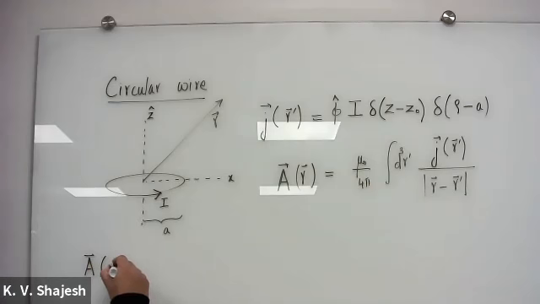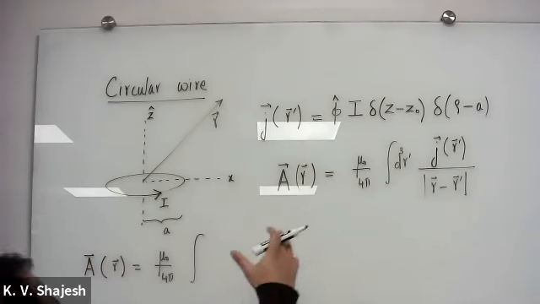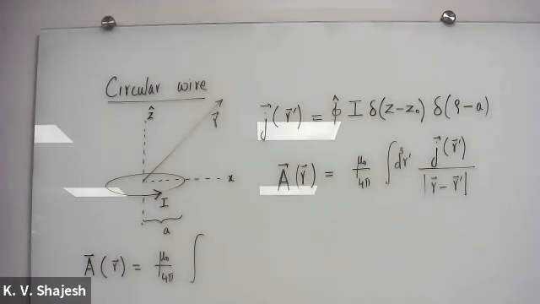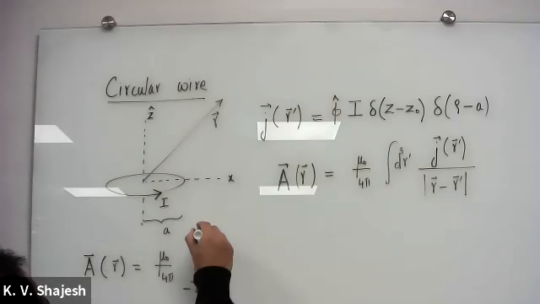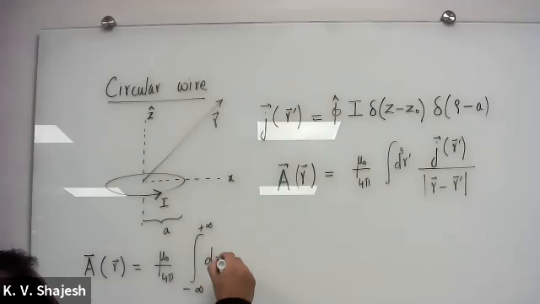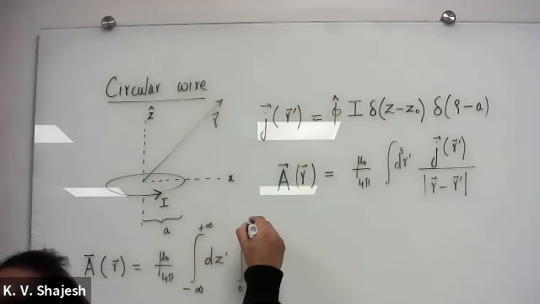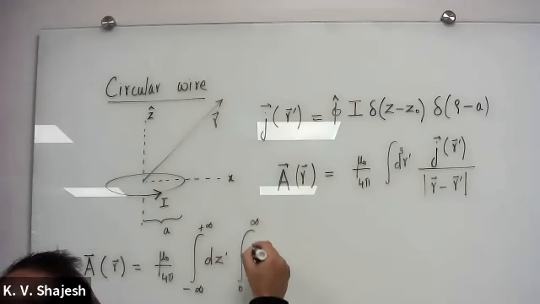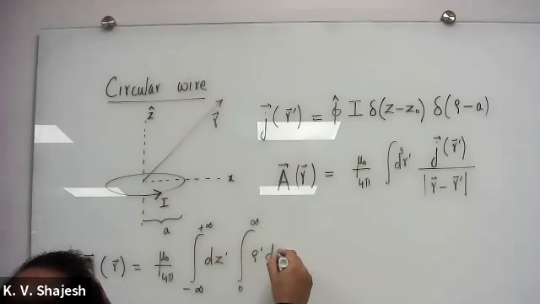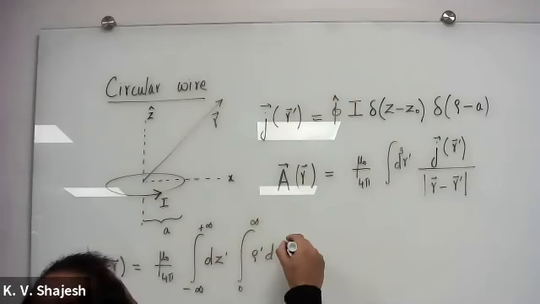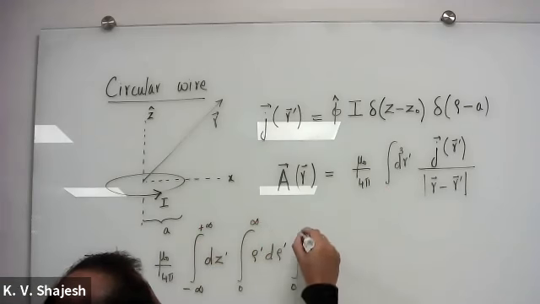So let's substitute this explicitly. Since the current density is given in cylindrical coordinates, we will do this integral in cylindrical coordinates. That's minus infinity to plus infinity dz prime, 0 to infinity radius, so scan all the radial points, and scan all the angles.